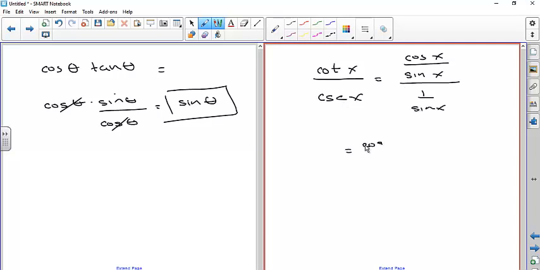And instead of dividing by 1 over the sine of x, we can take the reciprocal, which is sine over 1. Sines cancel out, and you get the cosine, and that's the answer for this case.